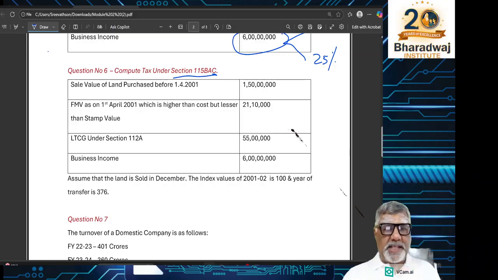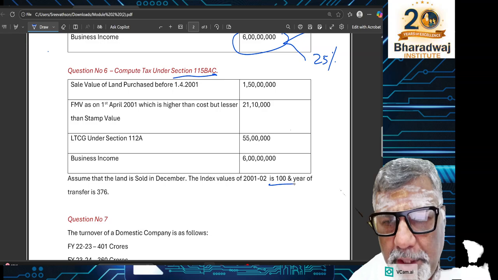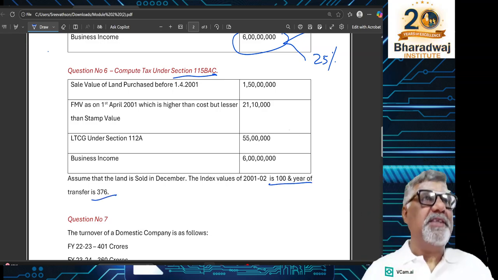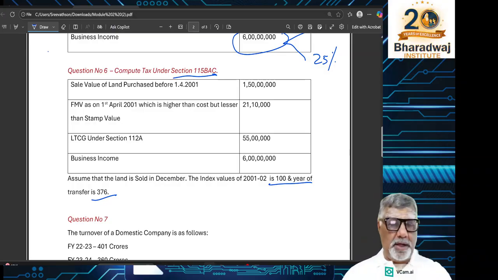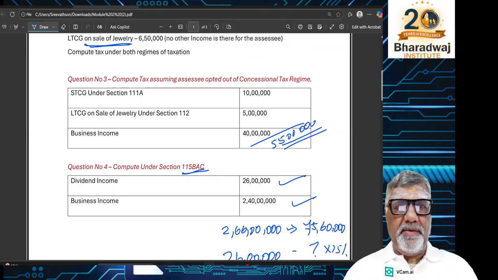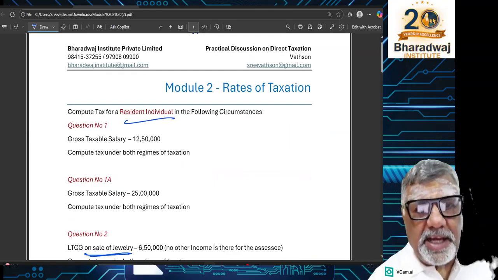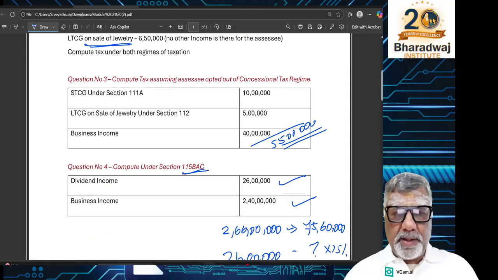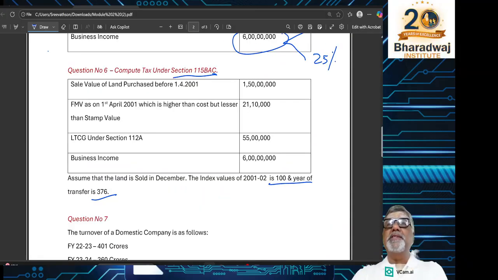Assume that this land has been sold in December, the index value being 376. Here is an individual. Compute tax for resident individuals. That's how the question has started. And the asset sold is immovable property.